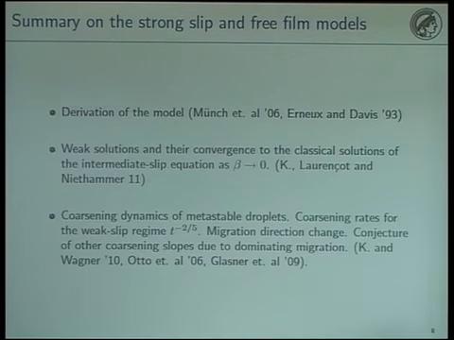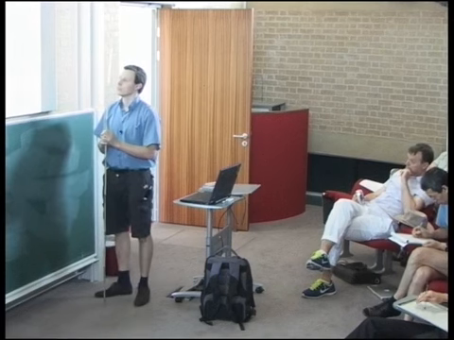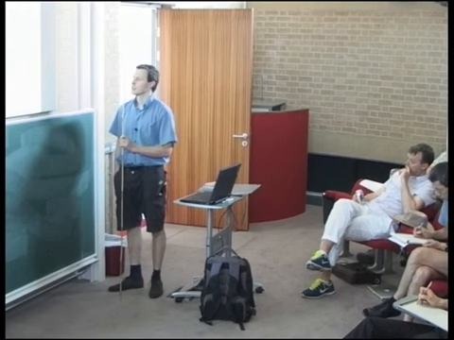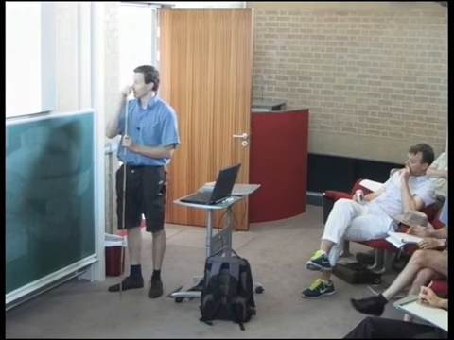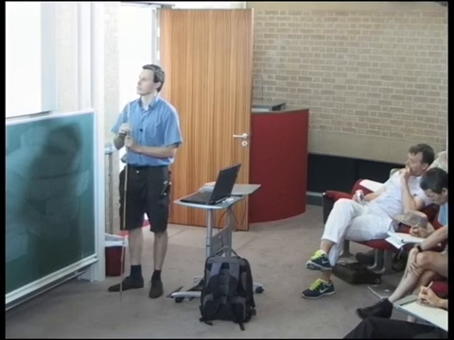And looking at the strong slip model with Barbara Wagner, we found a first interesting effect: the migration of droplets under the flux applied to them changes in comparison to the weak slip case. In the latter case it should migrate opposite to the flux, but we saw that taking beta sufficiently large, we can switch the migration direction of the droplet so it would migrate due to the flux. And we conjectured already 3 years ago that this should influence coarsening rates and the slope.